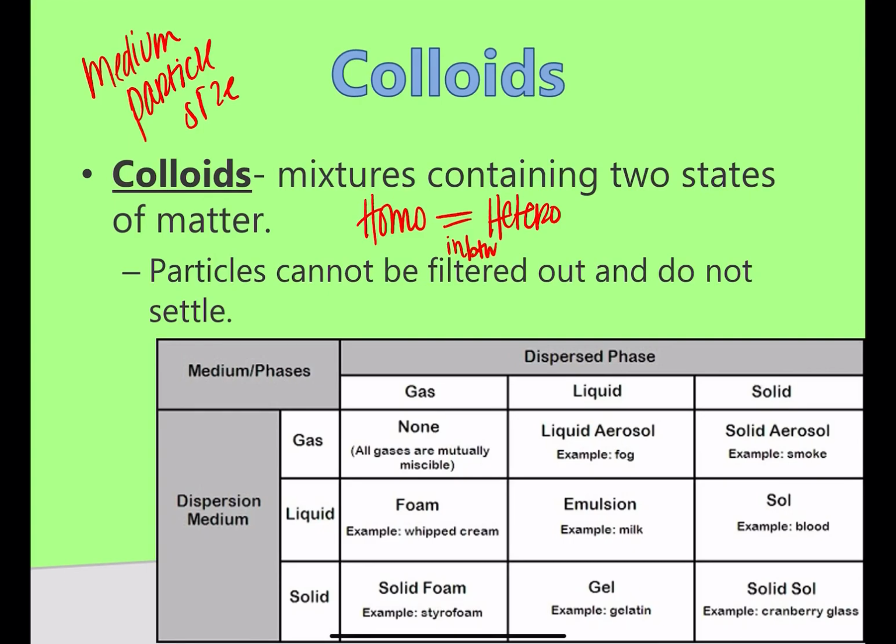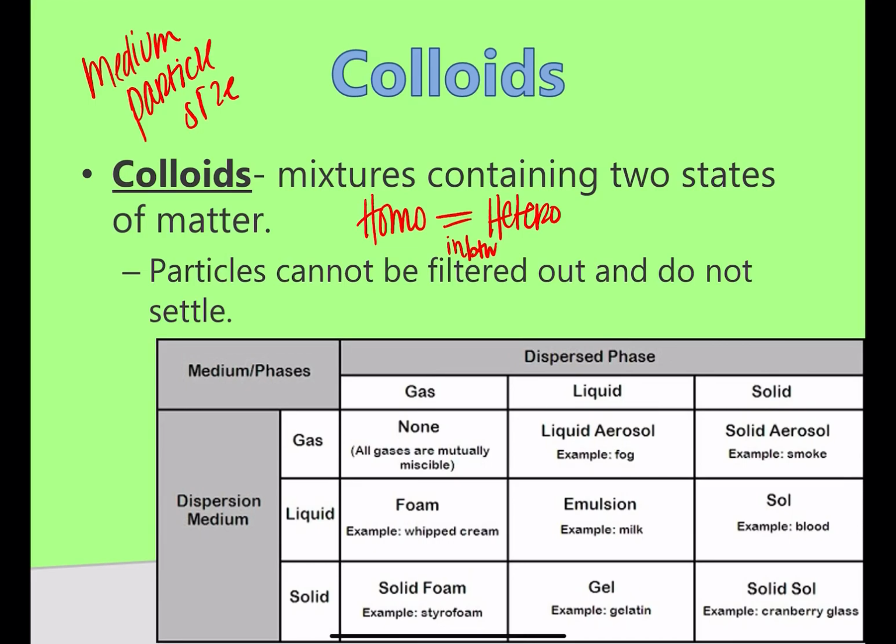Okay? It's not fully homogeneous, but it's not fully heterogeneous. And so colloids are mixtures with two separate states of matter. So let's look at this diagram and see if we can make sense of this. Colloids, the particles can't be filtered out like solutions, and they don't settle out like suspensions, okay? But they're not quite as good as solutions, all right?